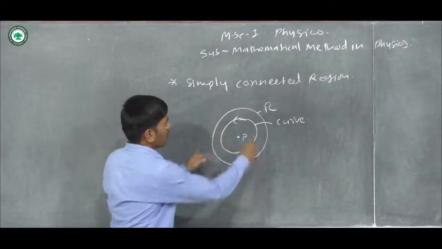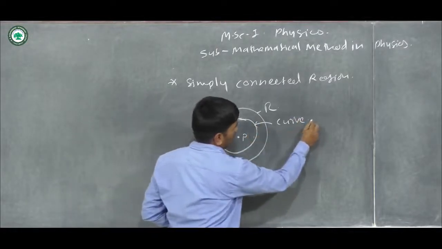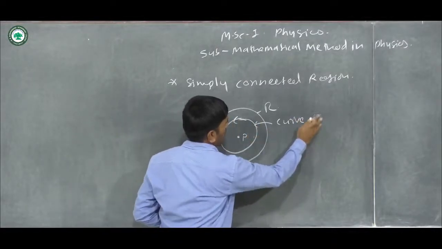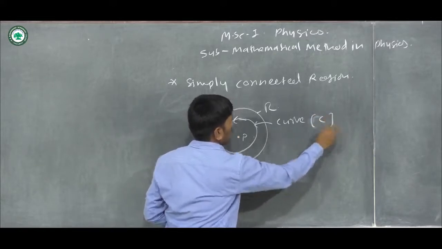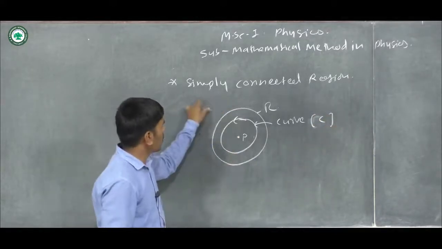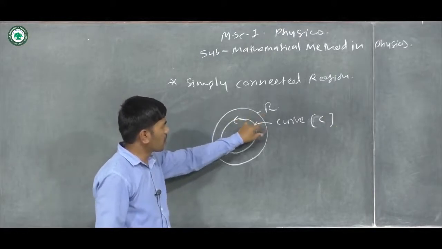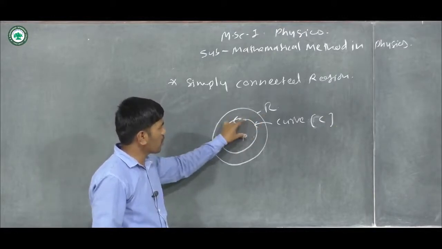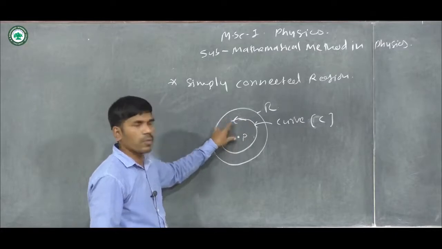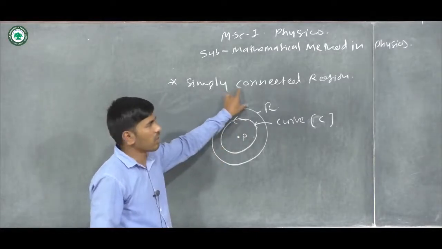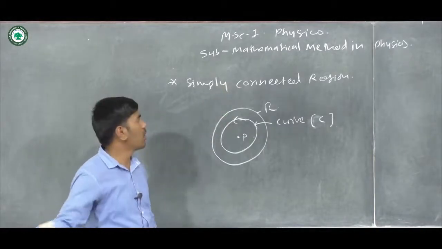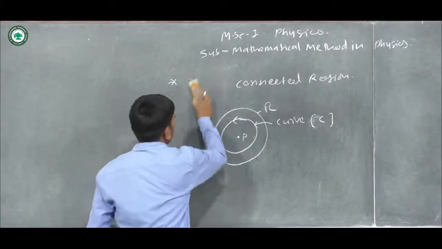I am giving this curve the name gamma or C. So in the simply connected region, when this closed curve is shrunk to a point without leaving the region, then we call this a simply connected region.